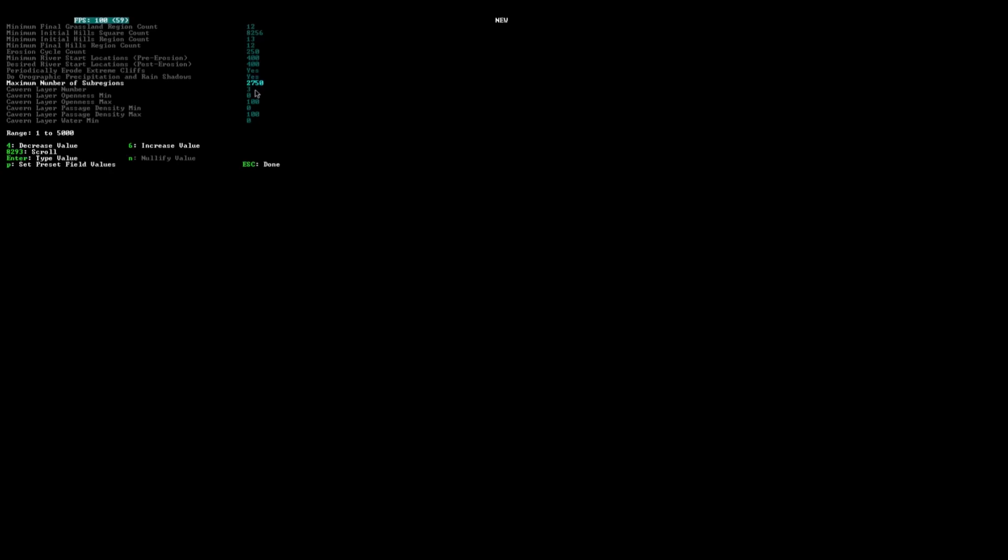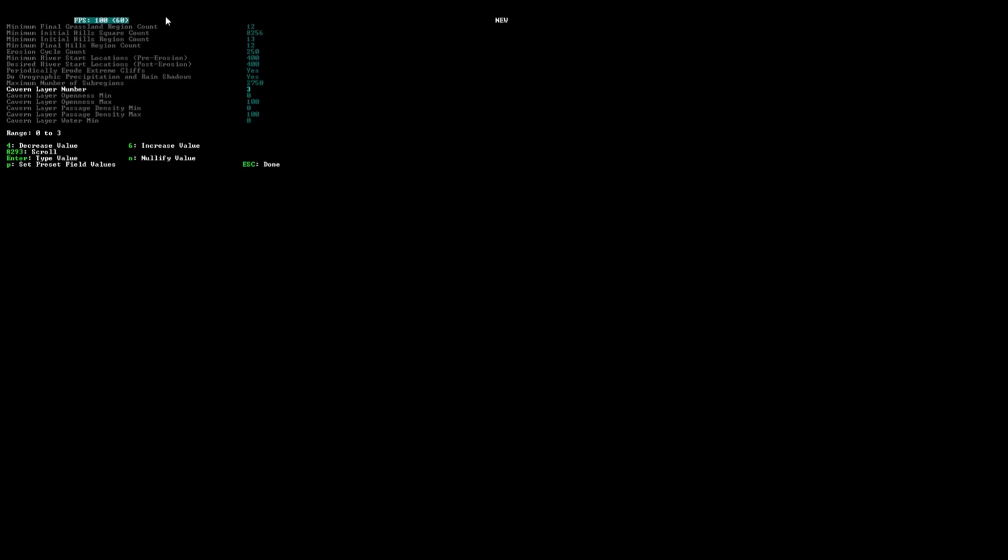The lower the number, the more giant regions you will have, so you'll have more mountain ranges, more oceans, more deserts and stuff like that, all giant. Having this number higher will result in more scattered out subregions of those. So right now it's set to 2750, which is about an average number.